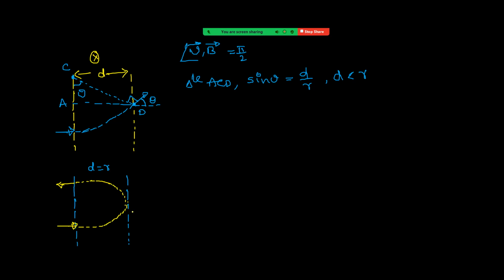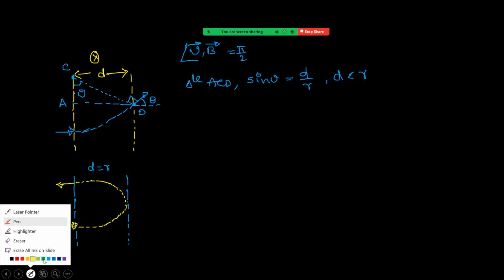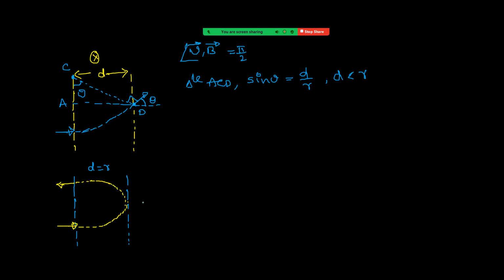This is now a semicircle. I have taken d equal to R. When it completes one-fourth revolution, here still the field is present. So this distance is equal to R, given d equal to R.